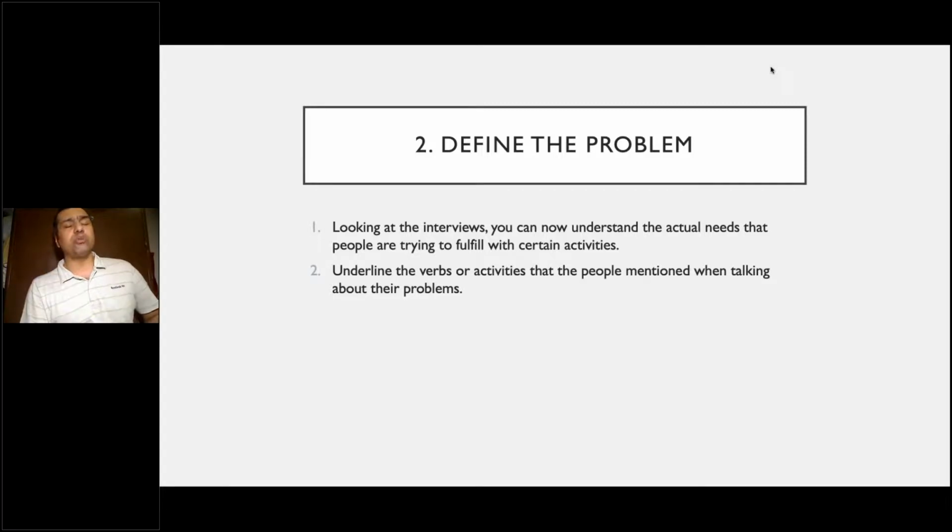If possible, record those interviews. Out of those notes, underline the verbs or the activities that people mentioned when talking about their problems. And once you have done that, the whole idea is to express the problem in a human-centric form.